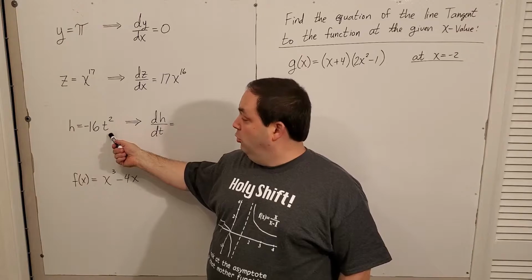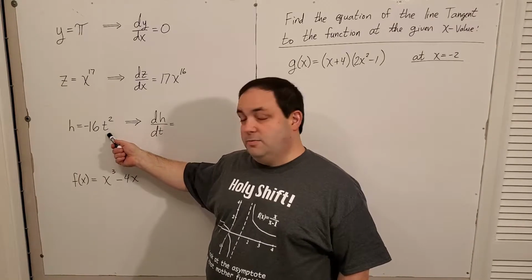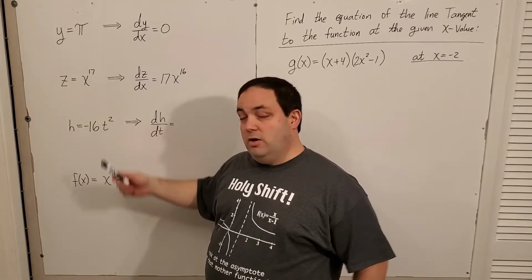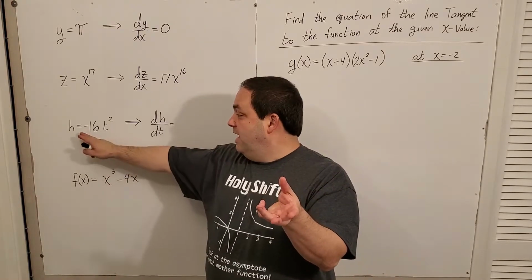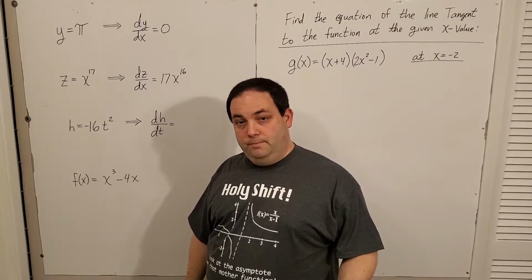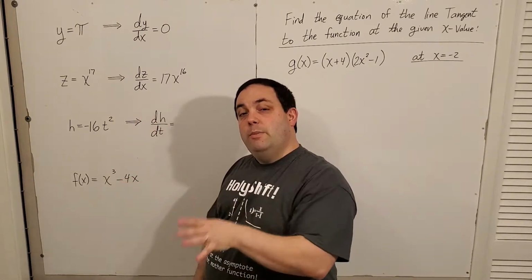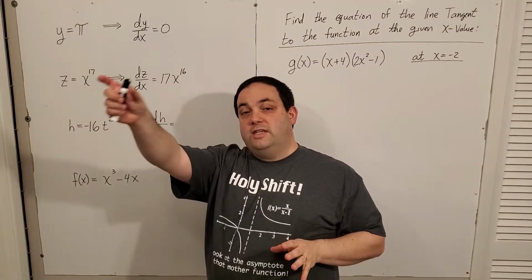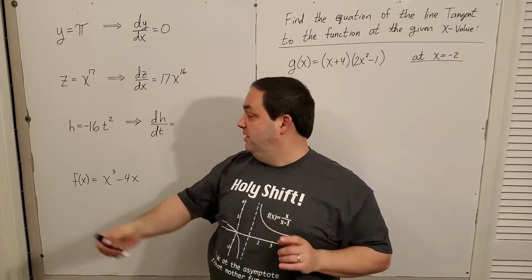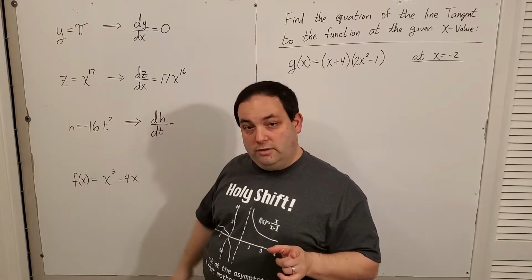Okay, here, same thing with the power rule. I have t squared as my function. h is a function of t. t squared is the actual function part of it. And negative 16 is a multiplied number. So that negative 16, remember, as a multiplied number, I'll just carry over and multiply times the derivative of the functional part.